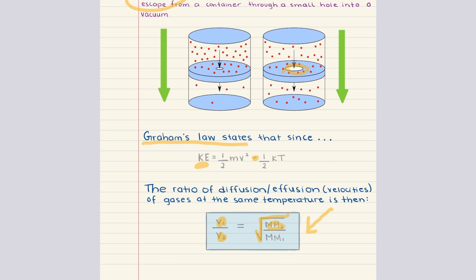Effusion occurs when gas molecules pass through a small hole without collisions. Graham's law allows us to compare how quickly different gases diffuse or effuse based on their molar masses. And from that, we know lighter gases move faster, which means they diffuse and effuse more rapidly than heavier gases.